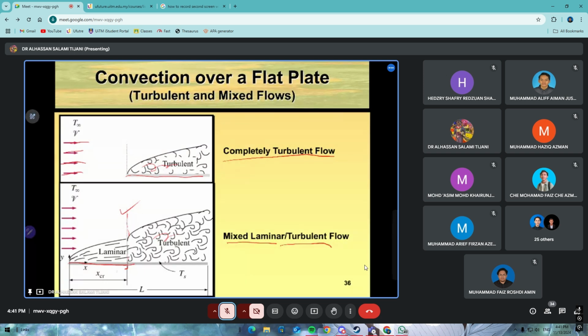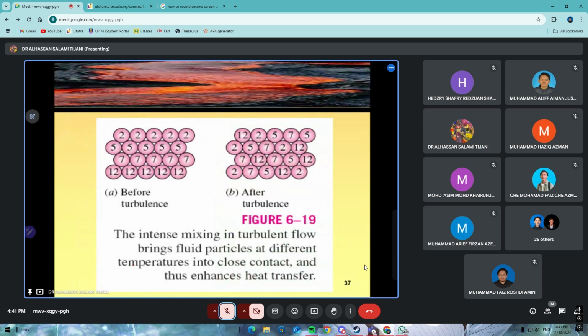Now this x is what we refer to as x critical. That is the critical length, after which the fluid changes to turbulent flow. The turbulent flow can be depicted by this particular figure. You can see that these figures are lined up in a straight line.